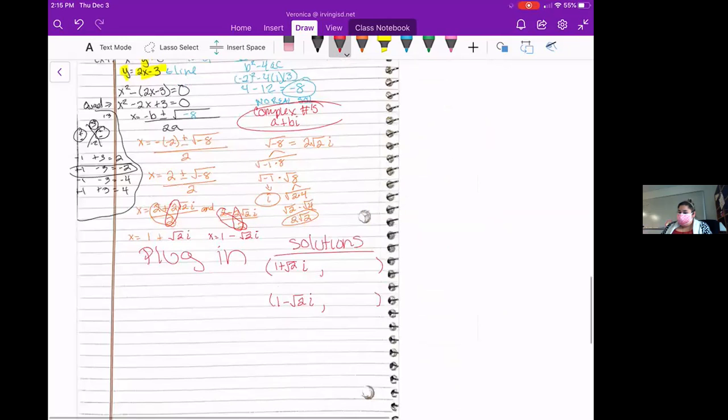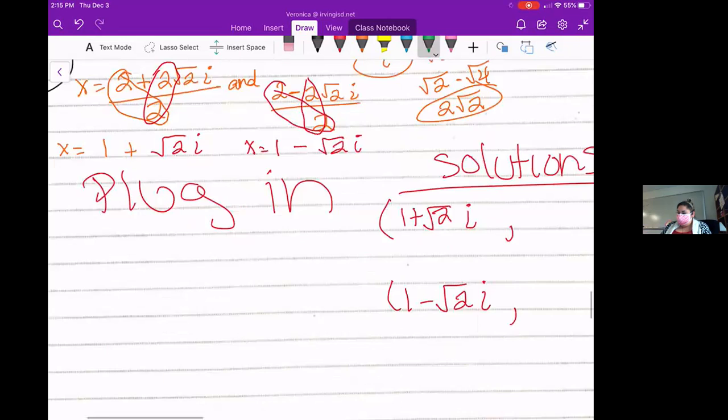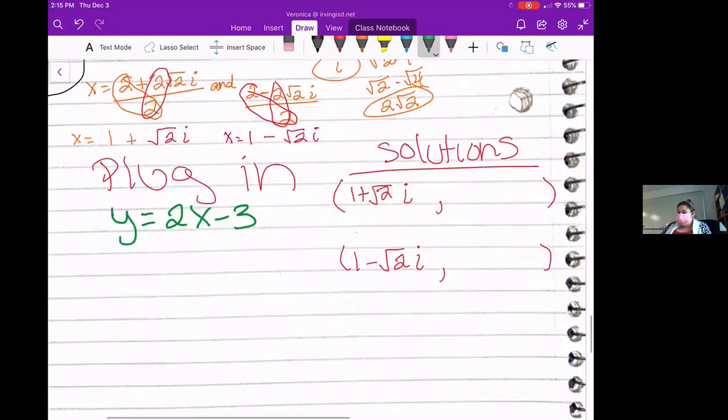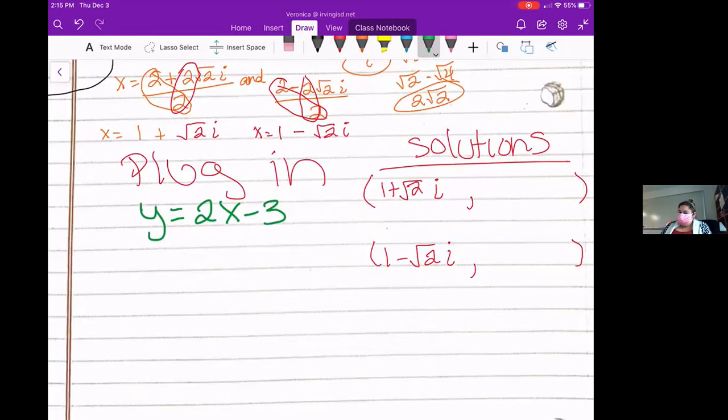So I'm going to use my linear function part of this, right? So I'm going to plug into y equals 2x minus 3. That's where I'm going to plug it into. So you're going to have y equals 2 times your first x minus 3. My first one is 1 plus square root of 2 times i.